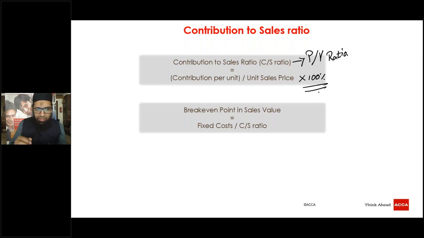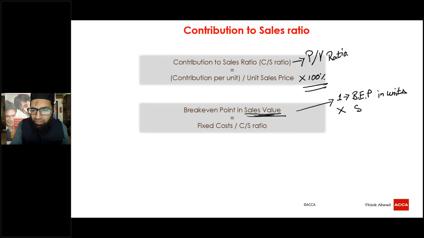So that means if we have to calculate the break-even point in sales value, then we have two methods. The first method: first of all, calculate the break-even point, BEP, in units, and then multiply it with the selling price.